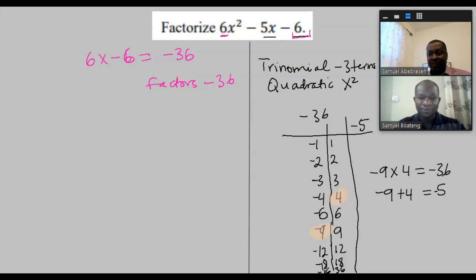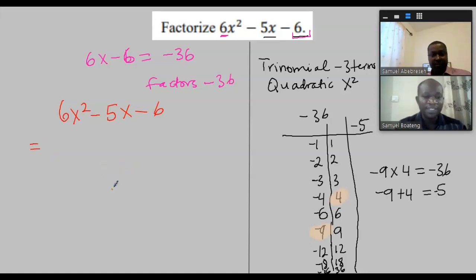So let's go back to the question. After getting your factors, we have 6x squared minus 5x minus 6. You come to the next step, equal to. Remember, this is an algebraic expression, so to go to the next level, use equal to.